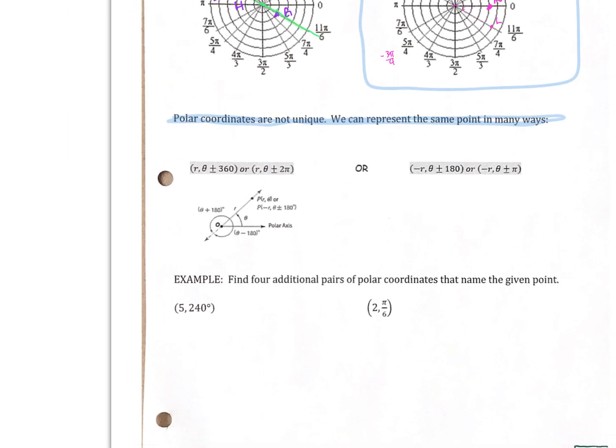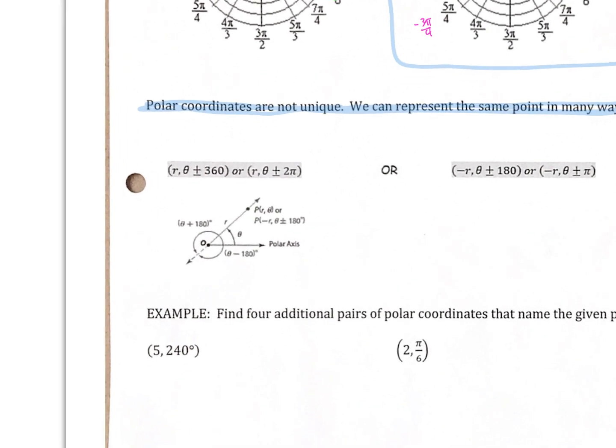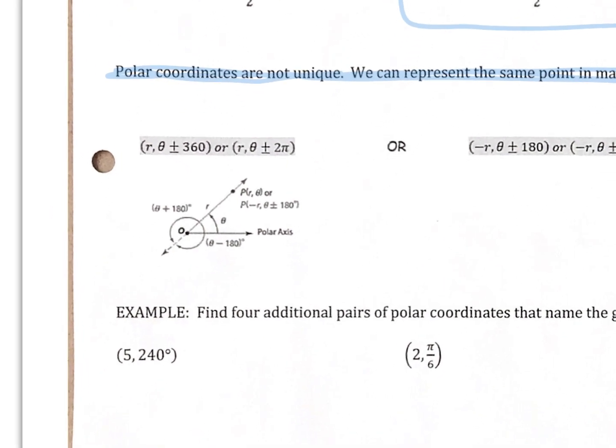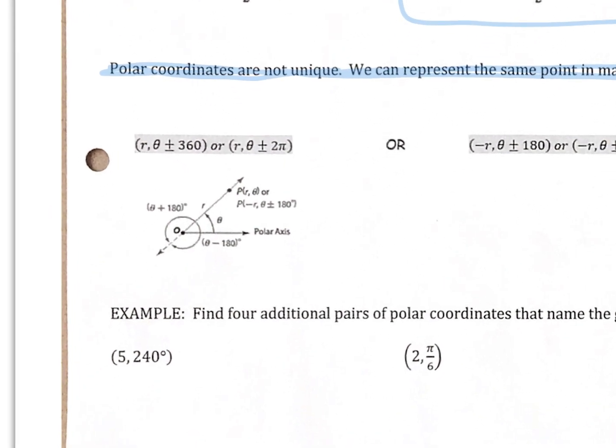So there are 2 kind of formulas that we use to find or represent additional pairs of polar coordinates besides one that might be given, okay? So I want you to think about this. It says one way to find more points is that we're just going to add or subtract 360. So that should sound familiar. That's just coterminal angles, right?